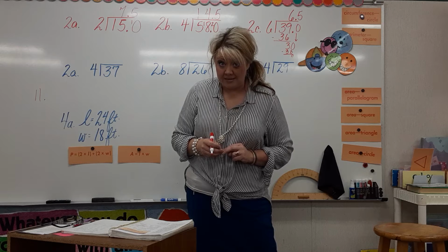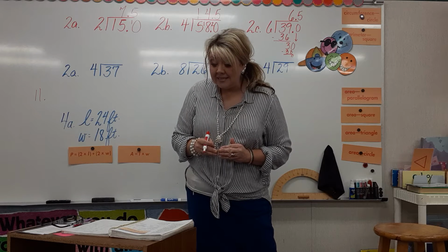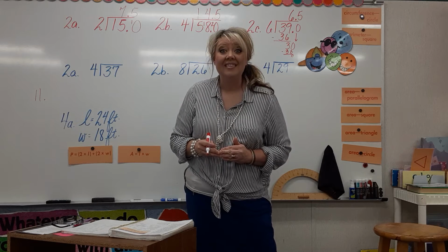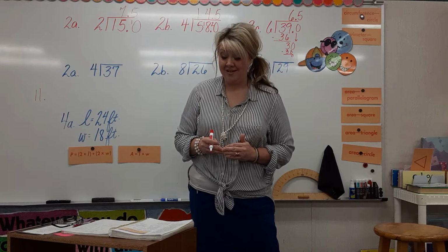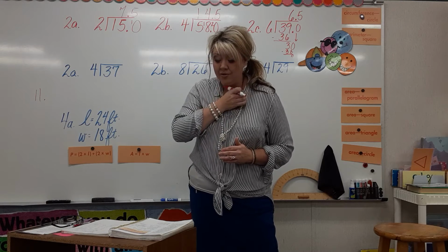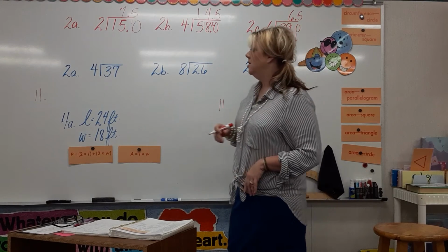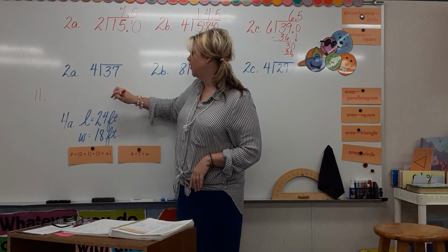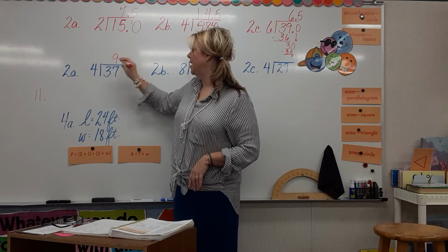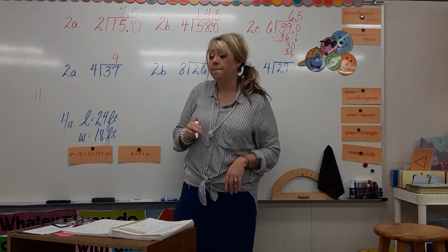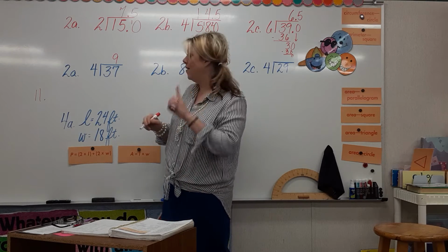Read the directions. Divide. Annex a decimal point and zeros to avoid a remainder, but you want to annex 1 0 at a time. So here's letter A. 4 goes into 37 how many times? 9. What's 9 times 4? 36. We've got 1 left over.